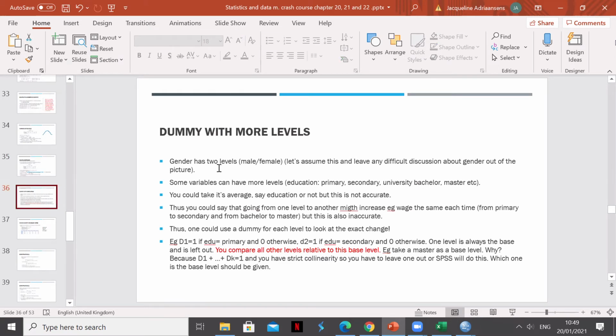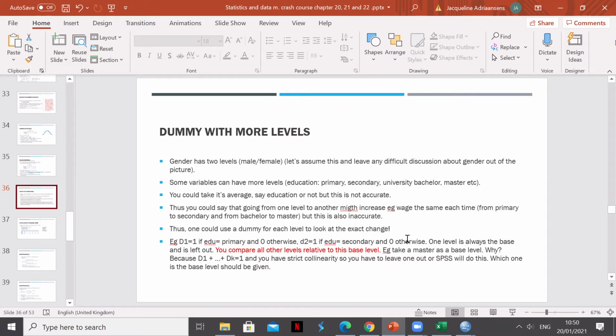So gender has 2 levels, male and female, and assume that any difficult discussion is left out. Some variables can have more levels. So if you have education, you have primary, secondary, university, master, bachelor, etc. There can be 10 levels, depending on how you look at it. There can be 3, maybe there are even 20, I don't know.